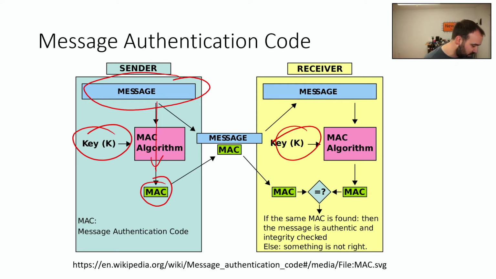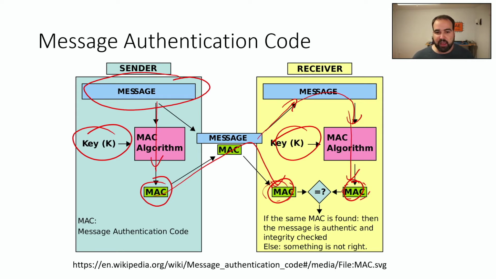And the receiver then performs the same algorithm with the received message with the secret key and confirms if they match. Right, so what you'll notice is this is actually providing two things for us. This is providing integrity as well as authentication, because basically the only way these two values, right, the one sent over the wire and the one calculated locally, are going to match is if that secret key is also matching.